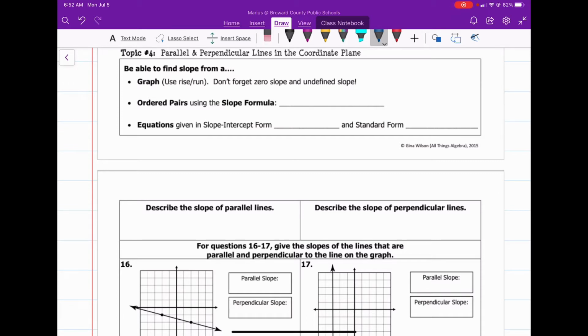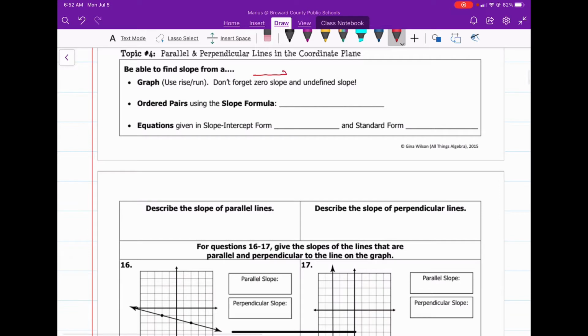Zero slopes are horizontal lines, side to side. Undefined slopes are vertical lines.